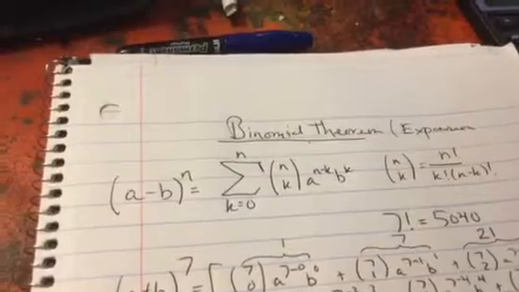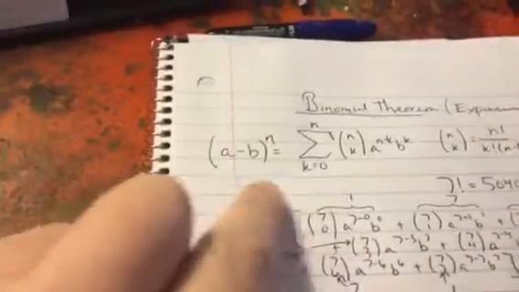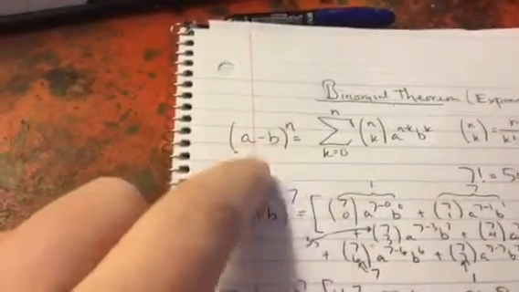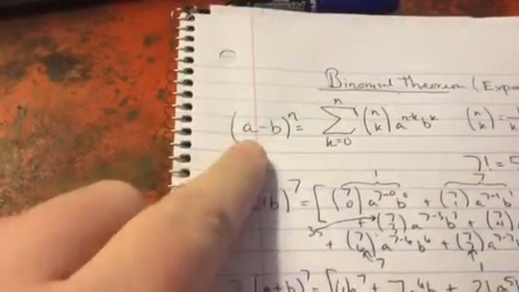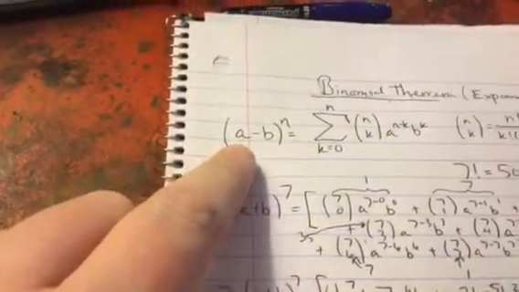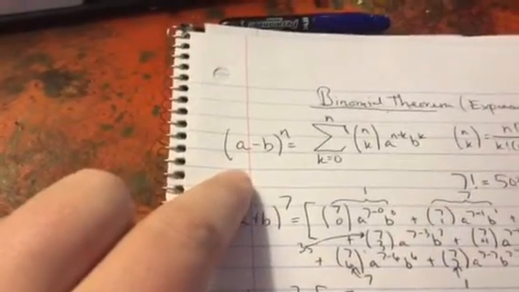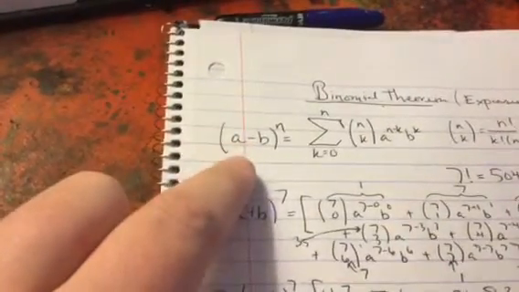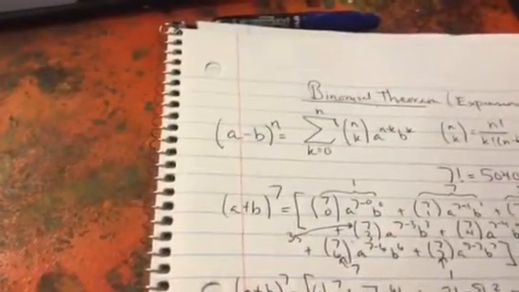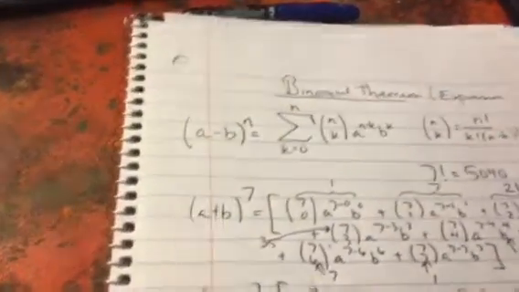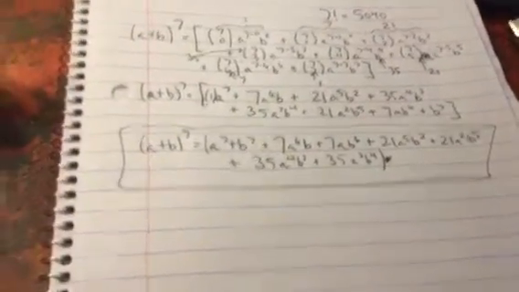It's also called binomial expansion, in that you can take a simple binomial with 2 terms, say x minus y to the 4th, or something like that, and you can expand it into something like that.